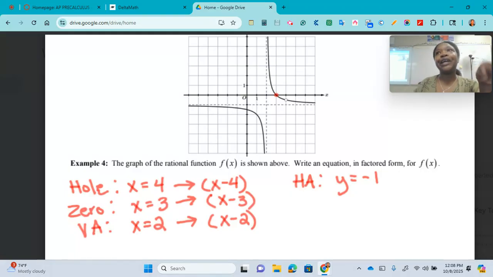No, the denominator is greater than the numerator. Yes. All right. So since it's a negative 1 for the horizontal asymptote, then the leading coefficient of the numerator and the denominator is negative 1. Okay. All right. So let's go ahead and create the equation.